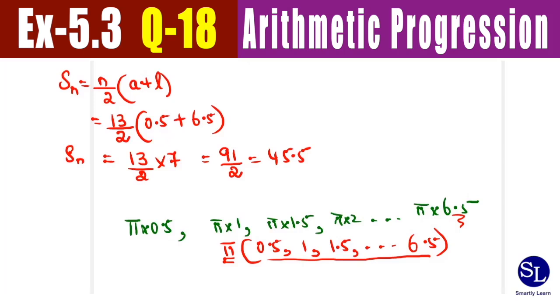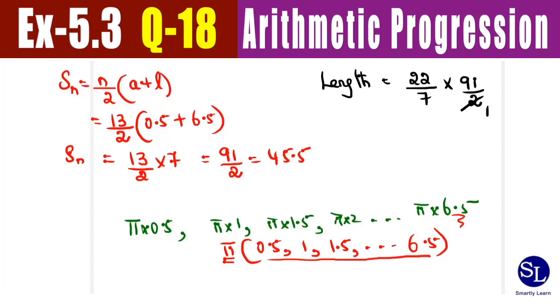Now this is not giving us the length of the spiral. The length is going to be this value, 45.5, into pi. So 22 by 7 into 45.5. Instead of putting 45.5, I'm going to put it in decimal form so that it is easy for me to strike out.